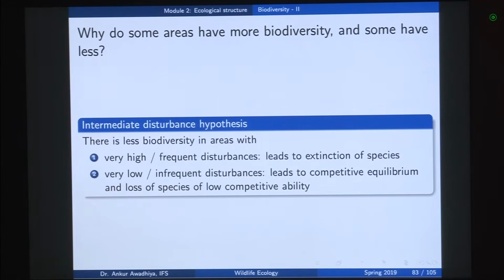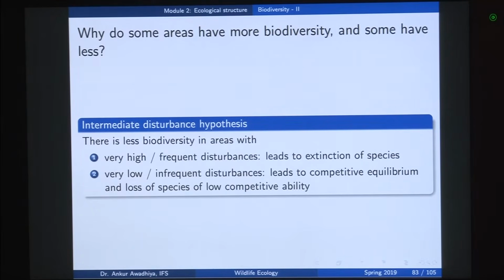If you have very high or very frequent disturbances, the species found in that area do not have enough time to adapt or evolve to avoid their own extinction. So, that will lead to extinction of species.